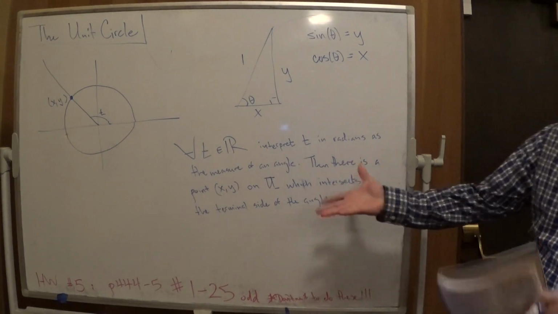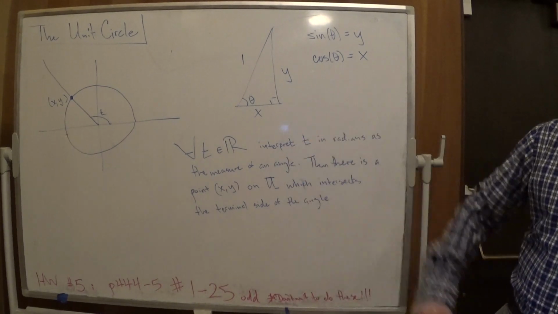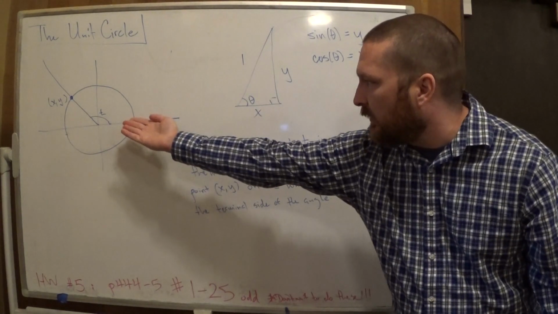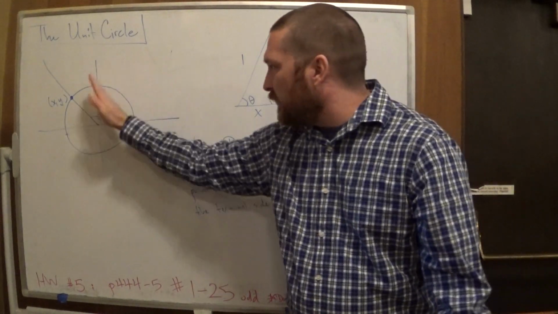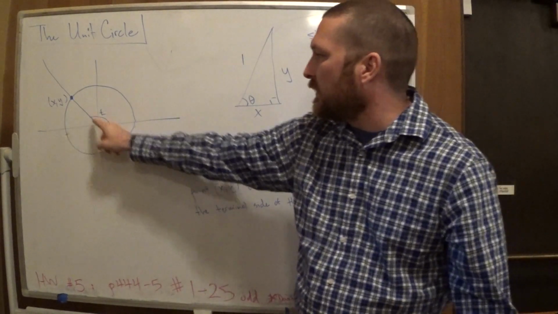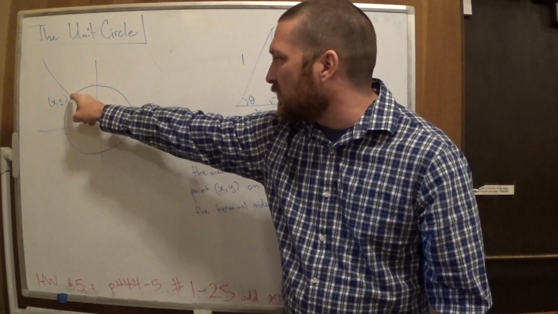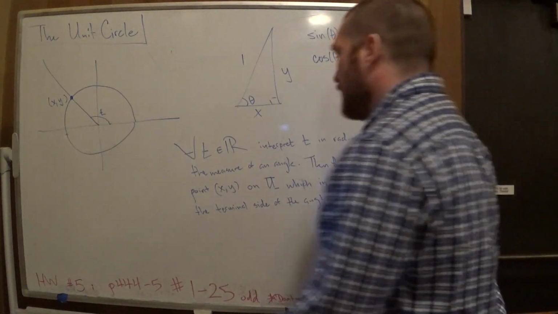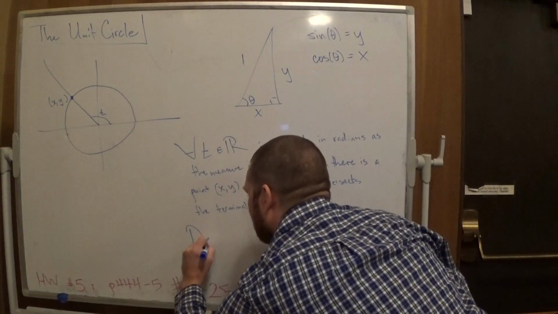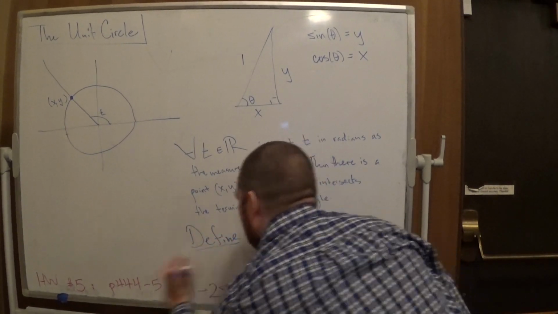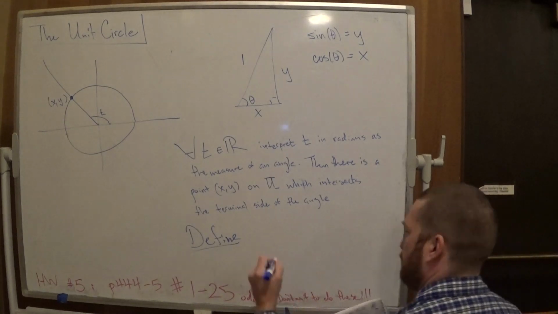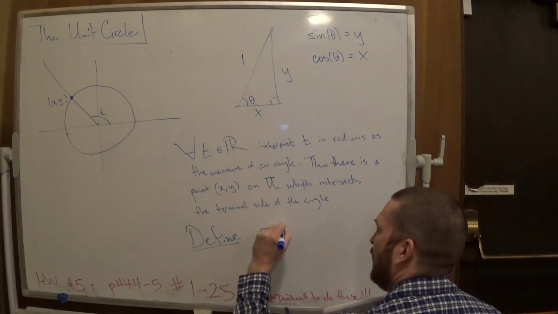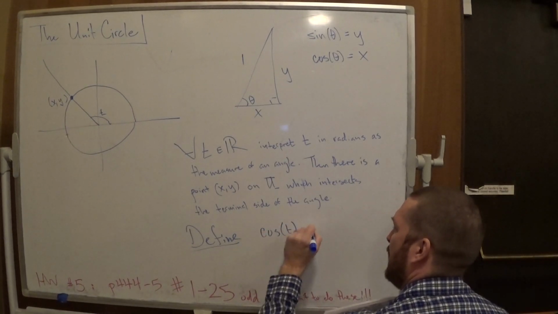Okay? So I haven't done any magic. I've just said this: take any real number, interpret it as an angle, then that angle, if you think about a ray going out from the origin, will intersect the unit circle at exactly one place. Define cosine of that angle as the x-coordinate.